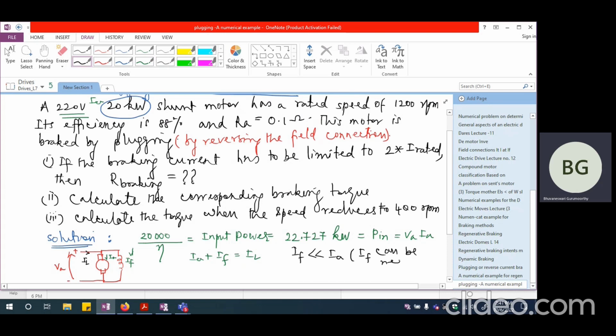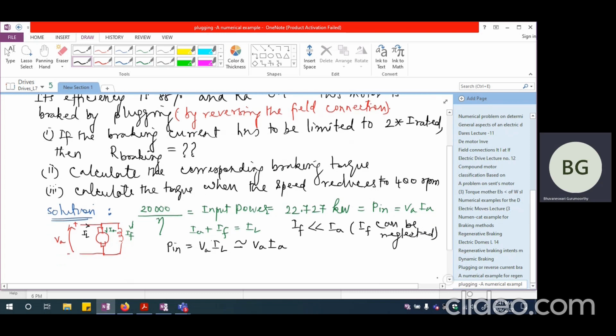That is the reason why I'm writing the input power as VA multiplied by IA. Otherwise, I should say P input is VA multiplied by IL. That is what I should be writing, but this is approximately equal to VA multiplied by IA.